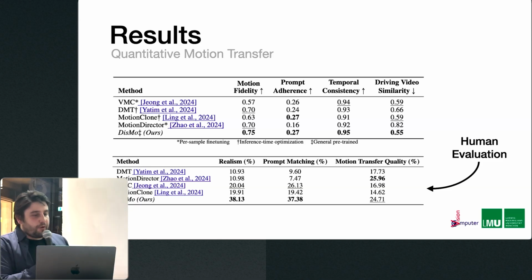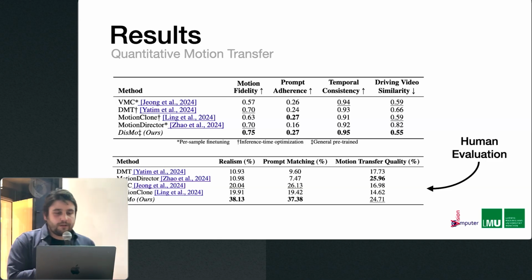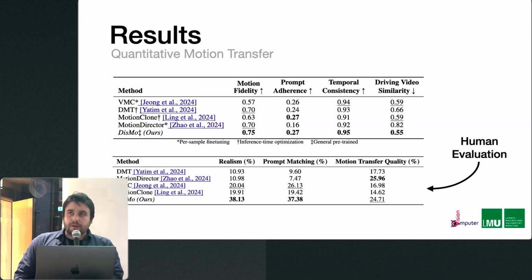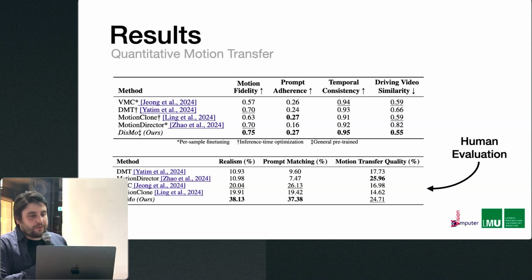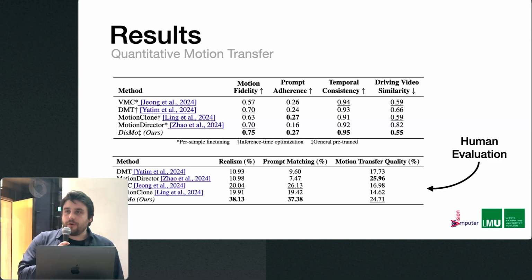Then the prompt adherence, where we measure the CLIP similarity between the generated target frames and the target frame that was initially given. Temporal consistency, which is probably more of a video model metric, but still it doesn't destroy that. And then in the end, the driving video similarity, which should be pretty low, because you do not want to have any content bleeding, as I said, from the source to the target.